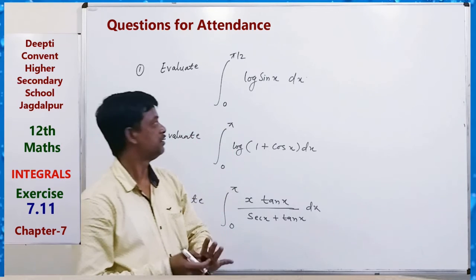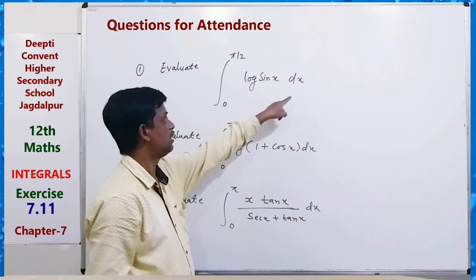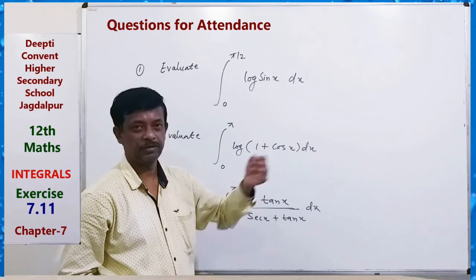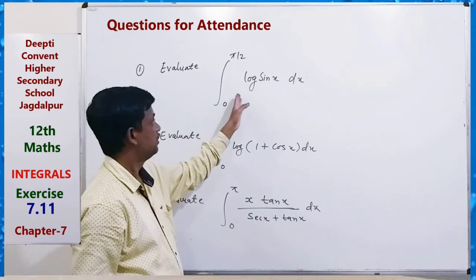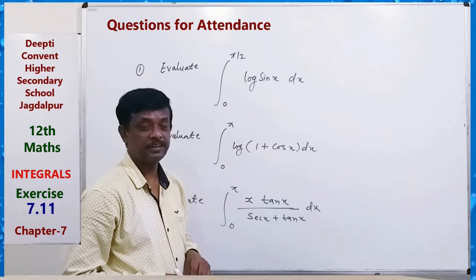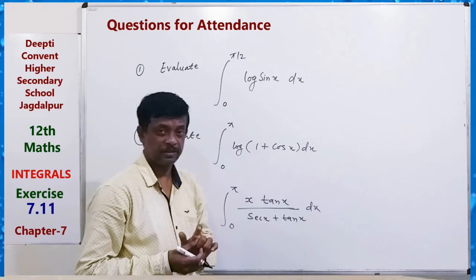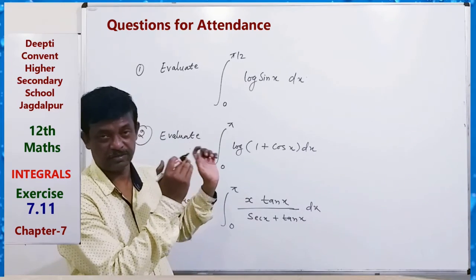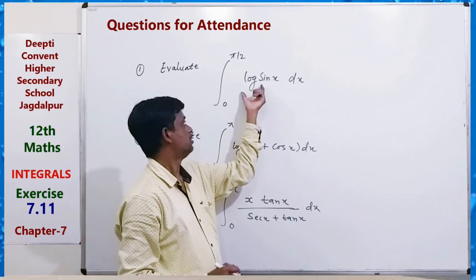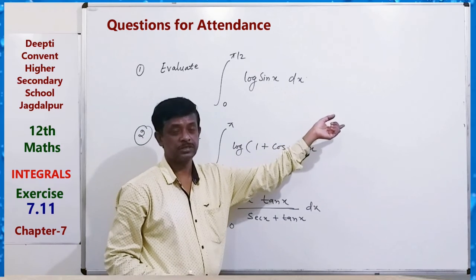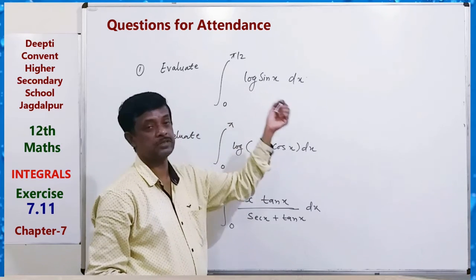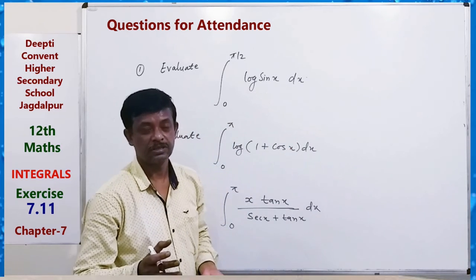First apply the a minus x formula, property 4. Then you can get in between sin 2x. Sin will be converted to cos. So log sin plus log cos, log sin into cos.